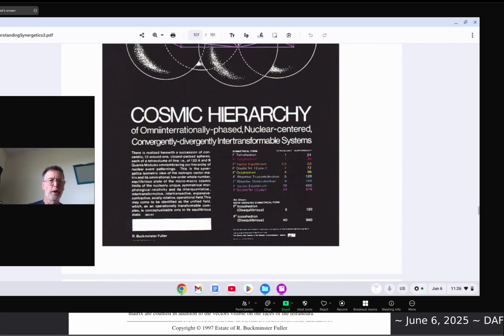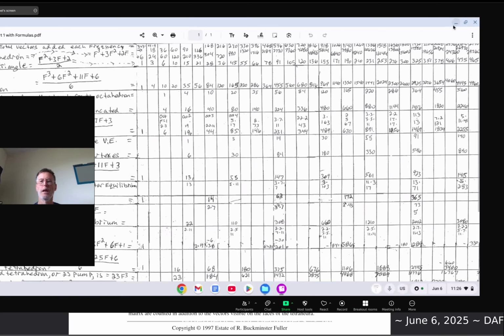So this morphological relativity, along with its interquantitative, intertransformative, intertransactive, expansive, contractive, axially rotative operational field. See, this may come to be identified as the unified field, which, as an operationally transformable complex, is conceptualizable only in its equilibrious state. Let me give a short comment on that.